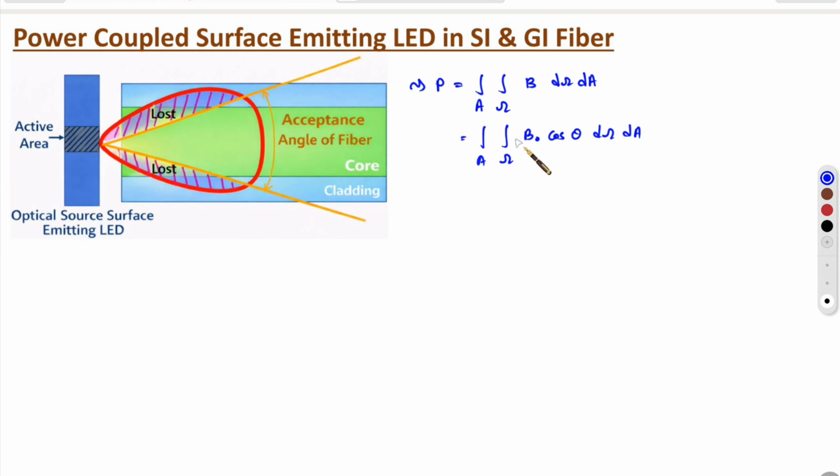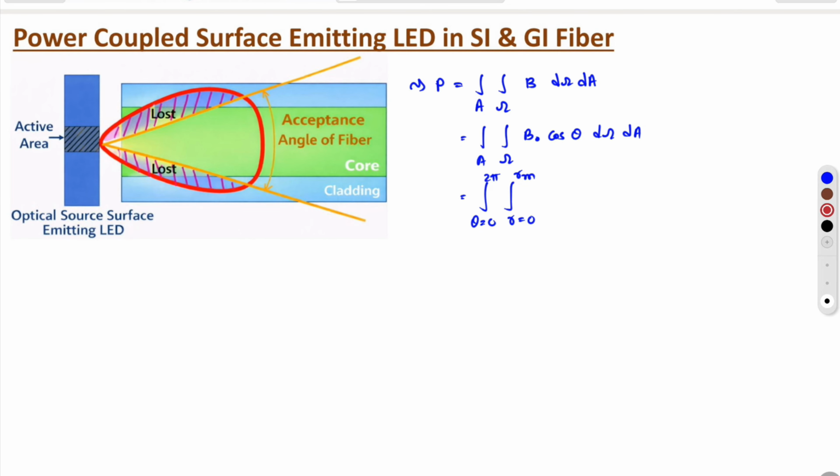For this integration, first of all, you need to understand how the area integration is done. Let me substitute limits. For this area calculation, we will have a double integration, where theta will vary from 0 to 2 pi, and radius r will vary from 0 to Rm, right? That is how area limits are.